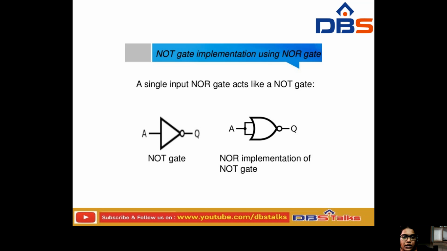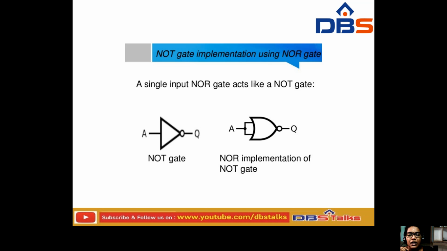See, for a single input, the NOR gate acts like a NOT gate. In the last slide also, we discussed how it will be implemented as a single input NOR gate acting like a NOT gate. Here this one is a NOT gate and this one is a NOR gate, but this NOR gate does not have multiple inputs, it has only one input.